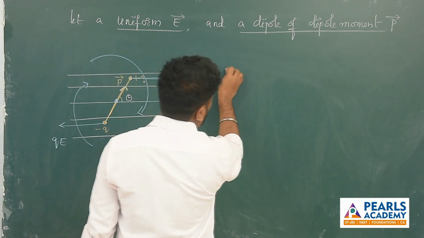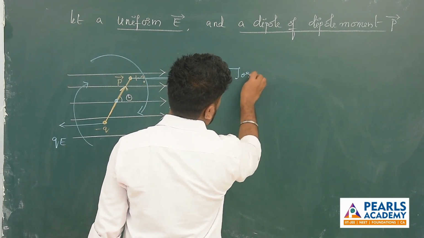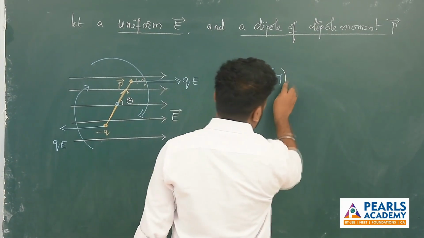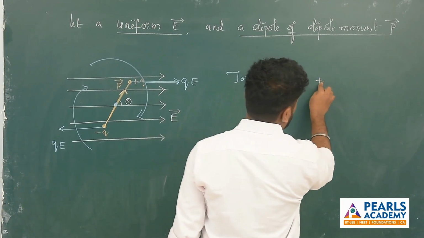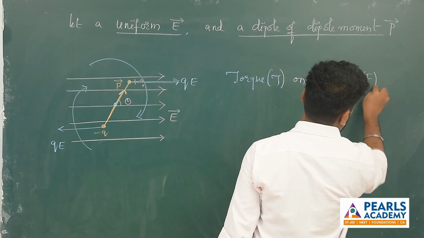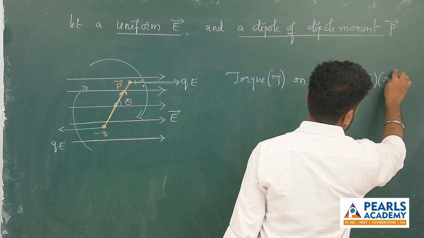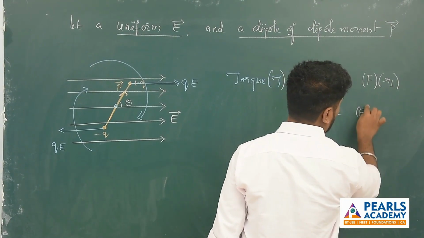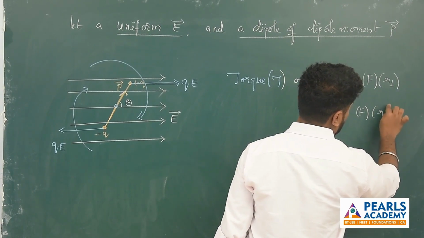So we can write torque on plus q charge is the force into perpendicular distance. And on minus q charge also force into perpendicular distance.